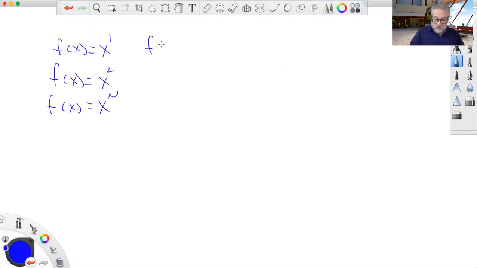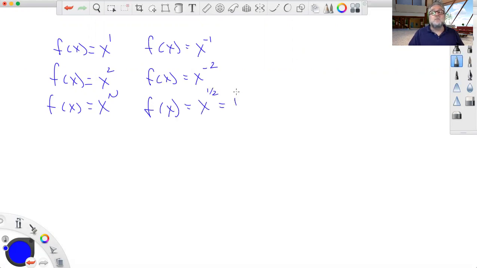We also have ones like x to the minus 1, x to the minus 2, a power function. We might even have f of x equals x to the 1/2, which is the same as square root of x, x to the 1/3, which is the cube root of x. All of these are power functions.